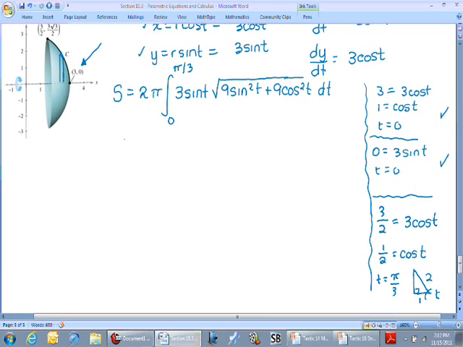So if we continue with this, we would find out a couple of things, like the fact that this 3 coefficient could factor out to the front of the integral, as well as a square root of 9 that can be factored out. Now that square root of 9 will come out and essentially become a 3 multiplied by that 3 multiplied by that 2 pi, in essence will give me 18 pi. Excuse me.